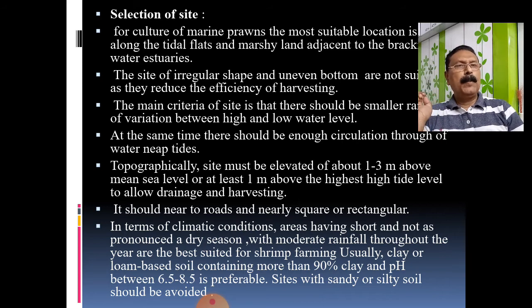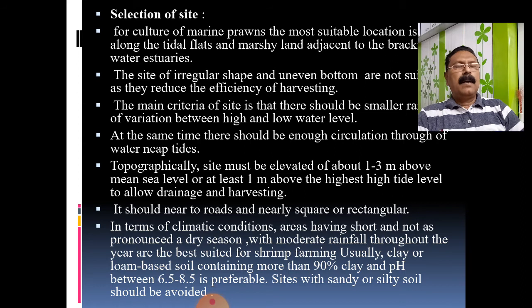That means two important climatic conditions are there. It should not be a completely dry atmosphere. A little dryness may be there, but it should have a moderate rainfall throughout the year. So moderate rainfall is essential for that site, and it gives favorable conditions for the development of prawns.